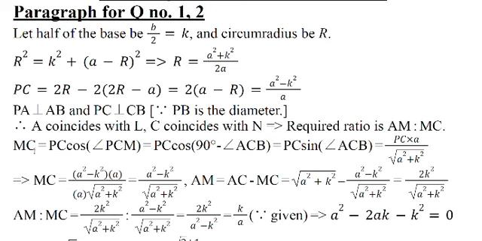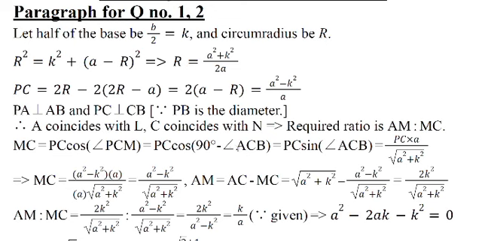Now here, if you use a bit of trigonometry, then you will figure out how to do this pretty easily. First, we know that BC is perpendicular to PC. So if the angle ACB, or ABC, whatever it is, is, let's say, theta, then the angle PCM is 90 minus that angle.